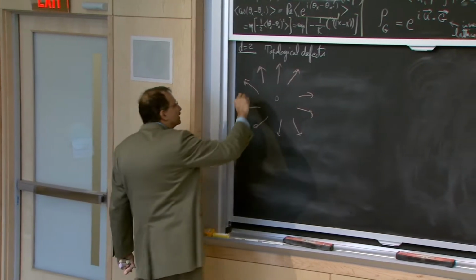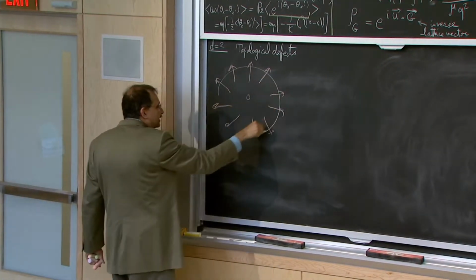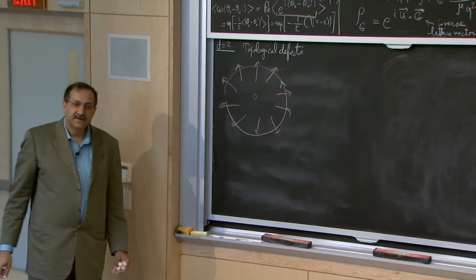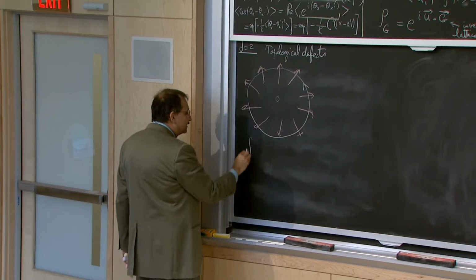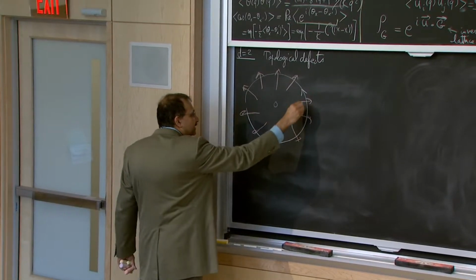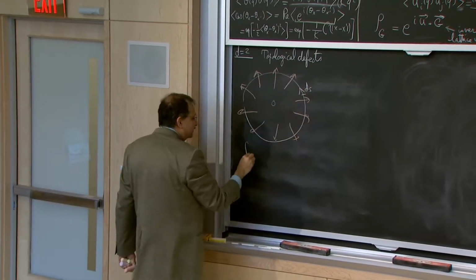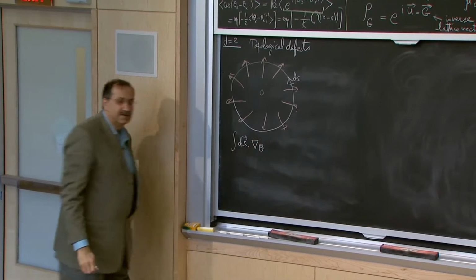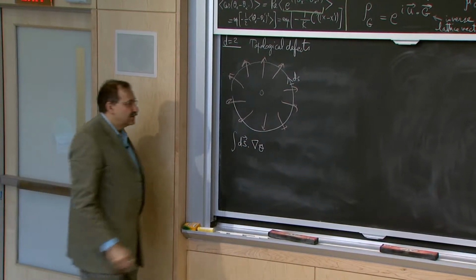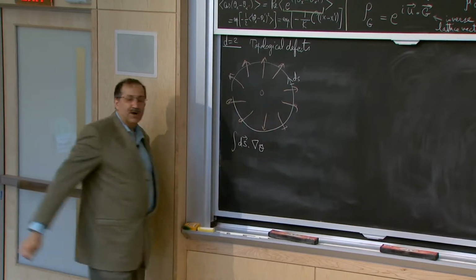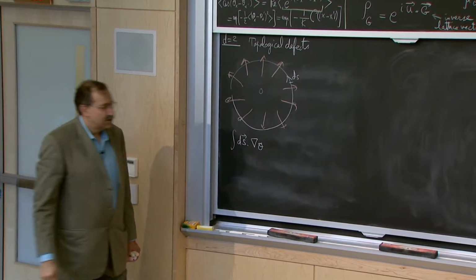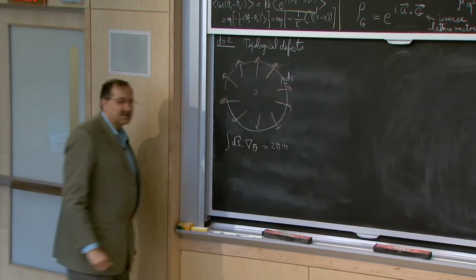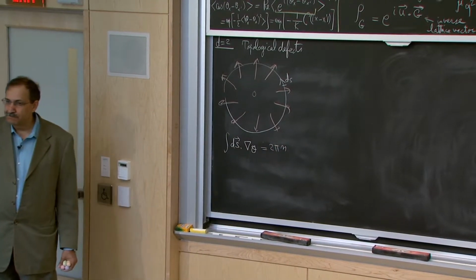And the idea was that if I take a circuit and integrate around this circuit, let's call this ds, gradient of theta, the answer does not need to come back to 0. It will be some multiple of 2 pi, some integer multiple. Okay?